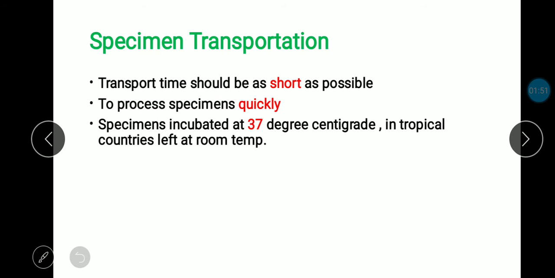The specimen transportation is also most important for the results of testing. The transport time should be as short as possible for accurate results. To process the specimens quickly, that processing should be within a minimum time.